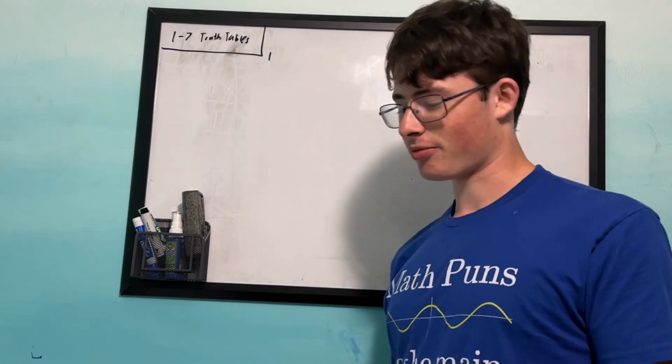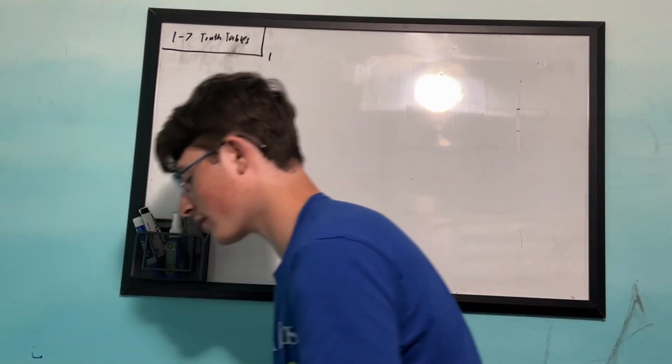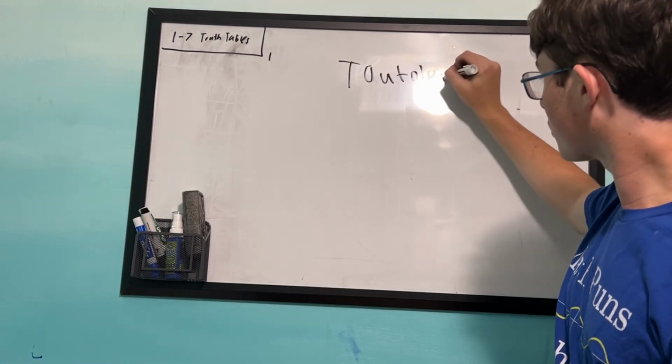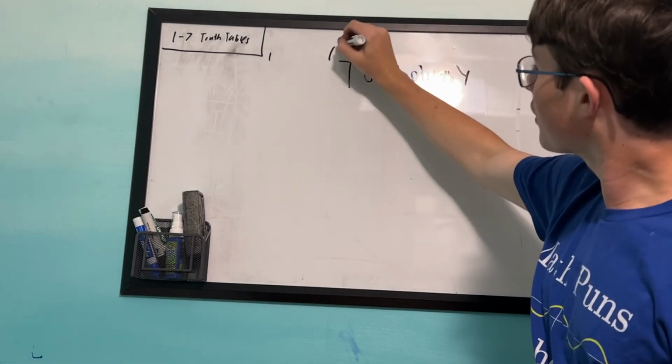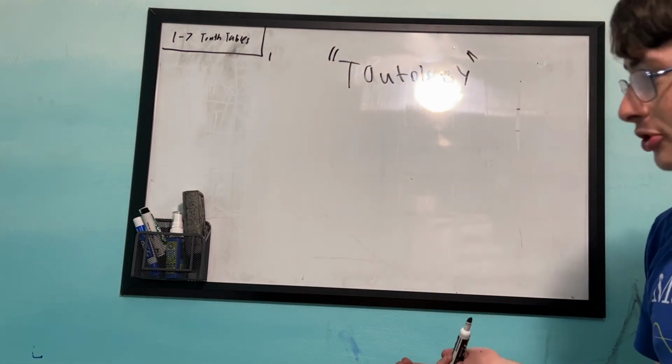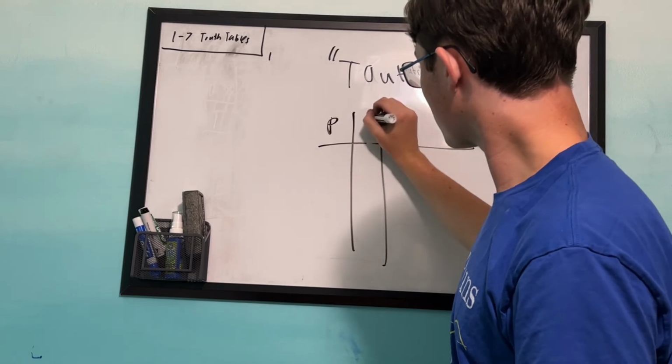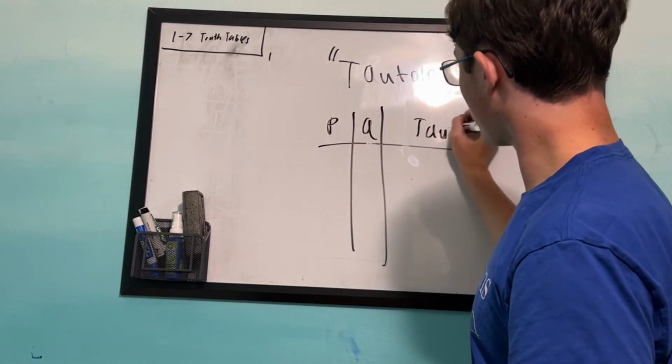Oh wait, never mind. Before I get to this, there's one more term I have to teach you, and that is tautology. This means that something's always true. That means that we got our P, Q, and then a tautology.